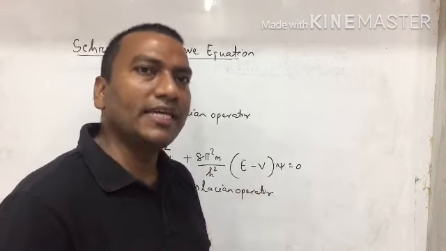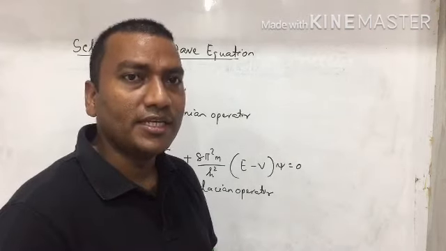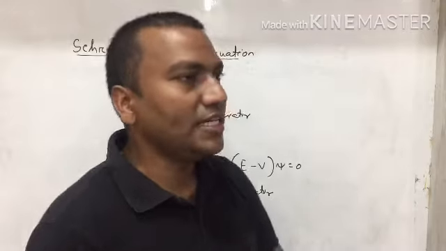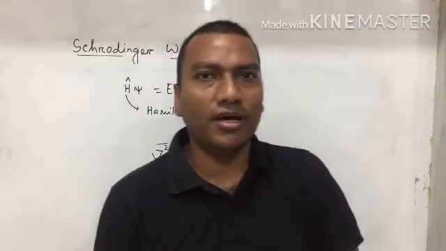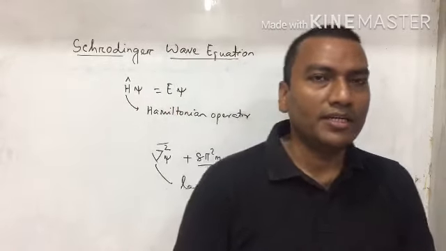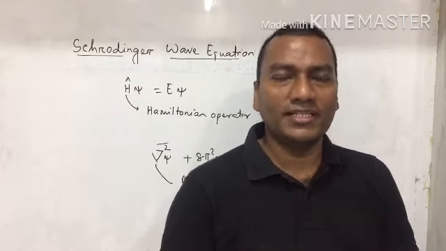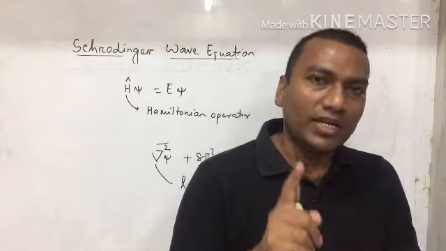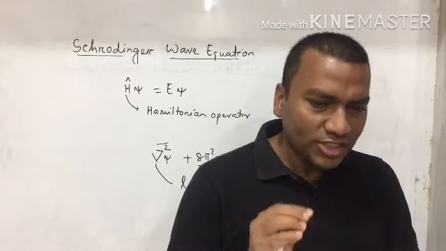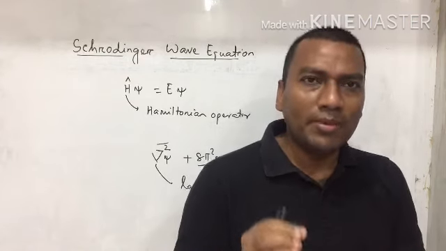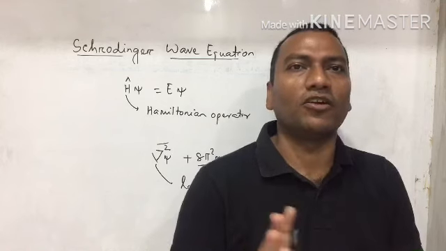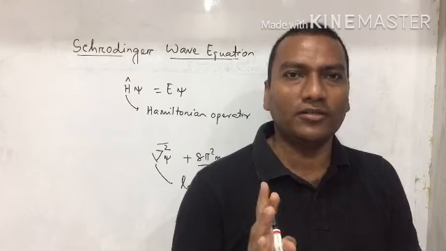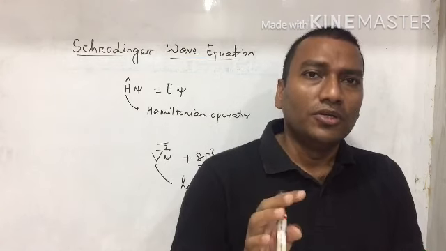Psi has no physical significance, but psi square has physical significance. Psi is called the wave function or amplitude function. Psi square is the probability of finding the electron.